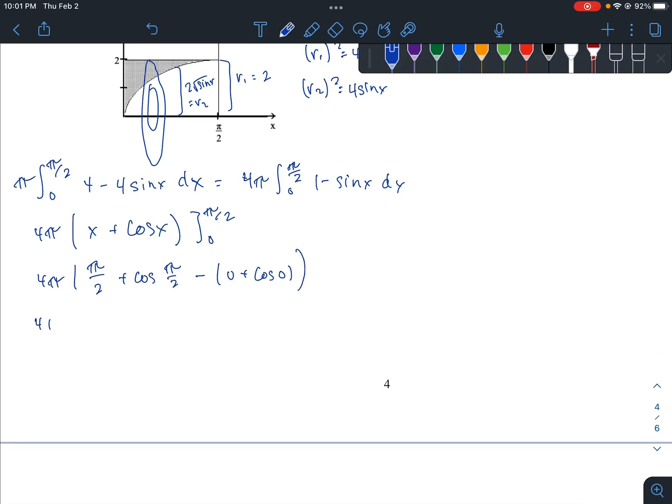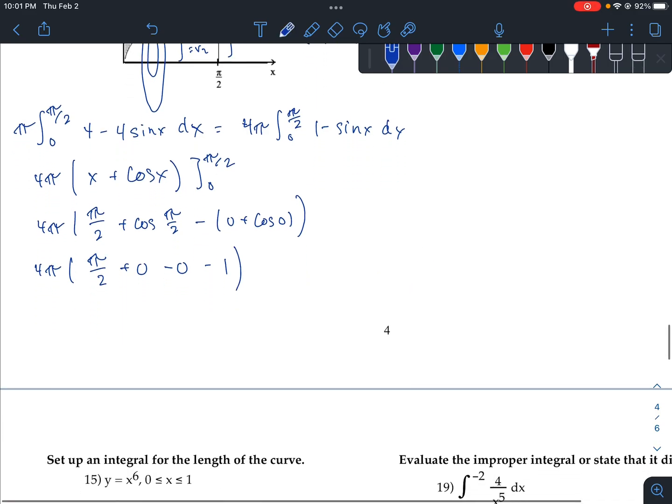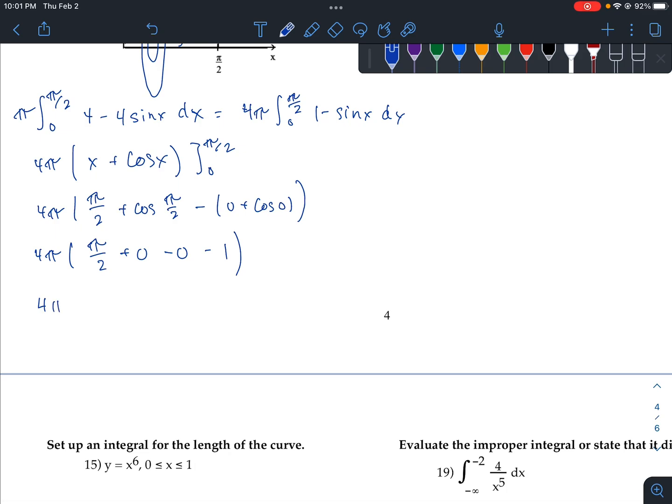Okay, so I get 4 pi times pi halves, cosine of pi halves. So cosine of pi halves is 0, so plus 0 minus cosine of 0 is 1, so minus 1. Okay, so then I get 4 pi times pi over 2 minus 1. I'll distribute that 4 pi, so I'll get 2 pi squared minus 4 pi.